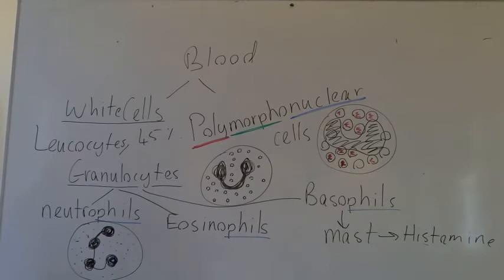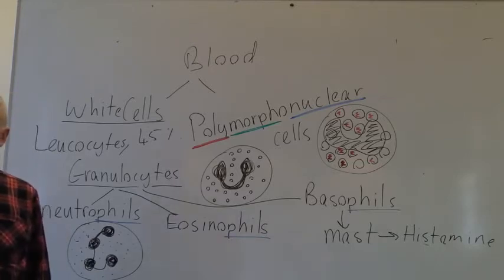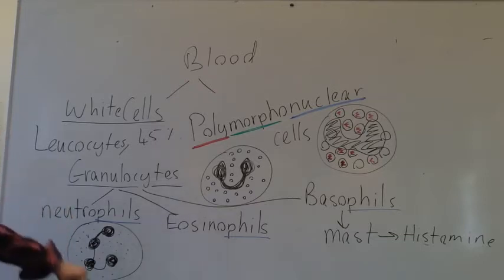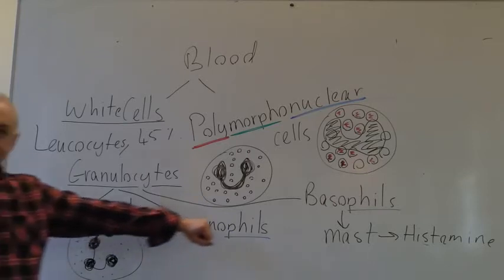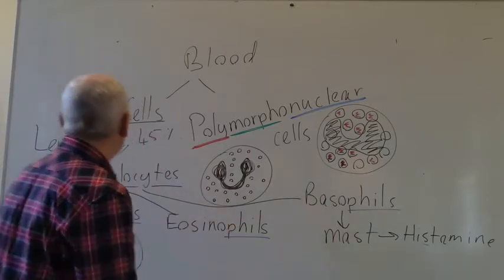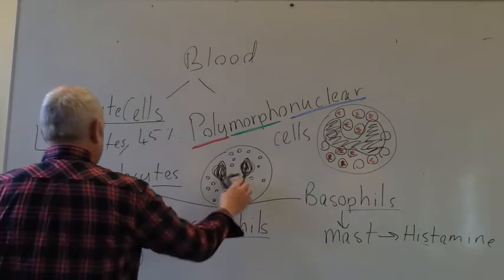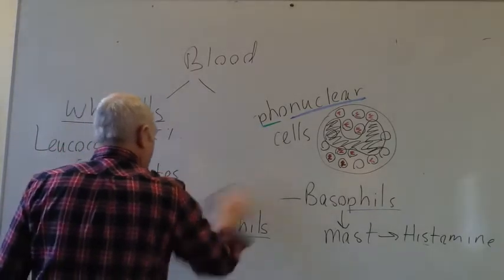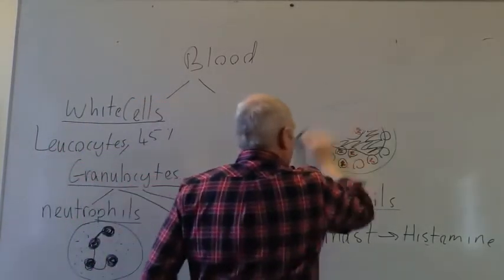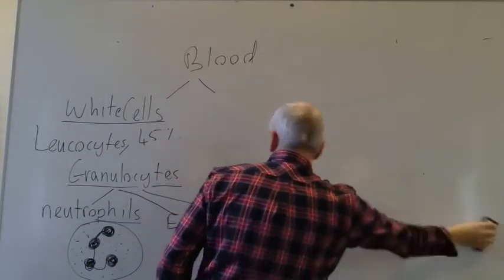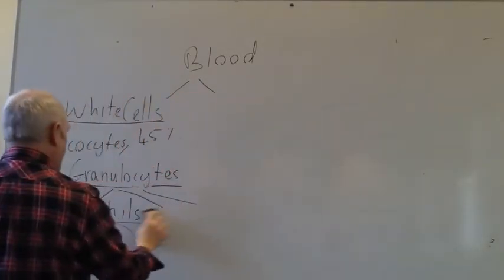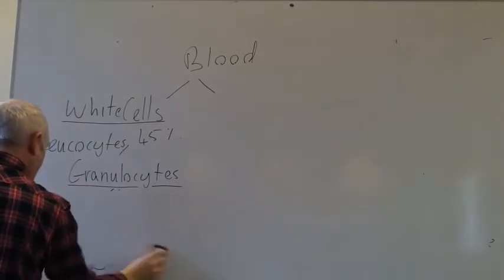These are the polymorphonuclear cells. Very important in combating ranges of infections and generating inflammatory responses. Is that okay? Good.